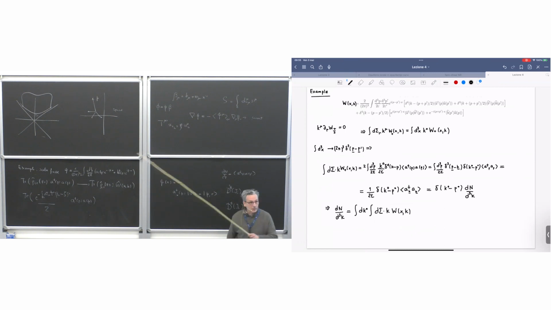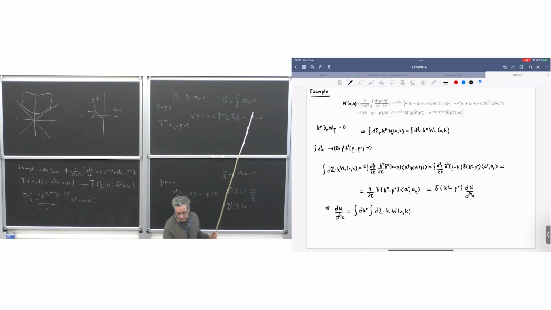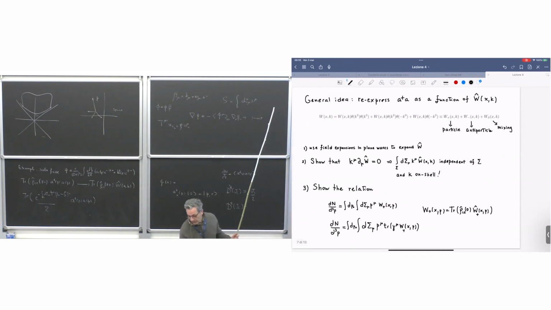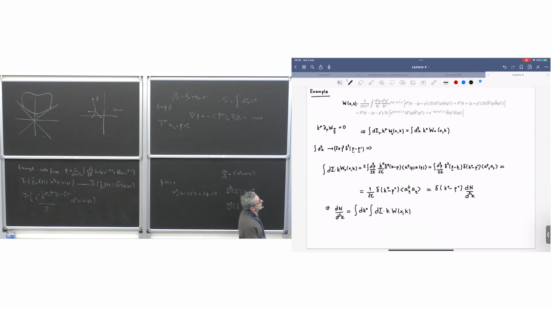And if you then apply the splitting, you can easily realize that theta of k squared, so k squared positive and k0 positive, selects this term here. This is easy to see because you have k minus p plus p prime over two, which means that k here is a time-like vector because it's the sum of two time-like vectors, p and p prime are on shell, and also the time component is positive.